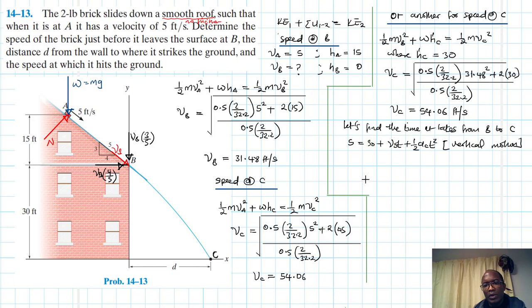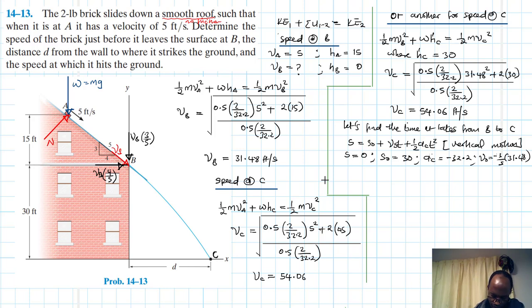Here S is equal to 0, S naught is equal to 30, AC is equal to minus 32.2, and V naught is equal to minus 3 by 31.48 divided by 5.